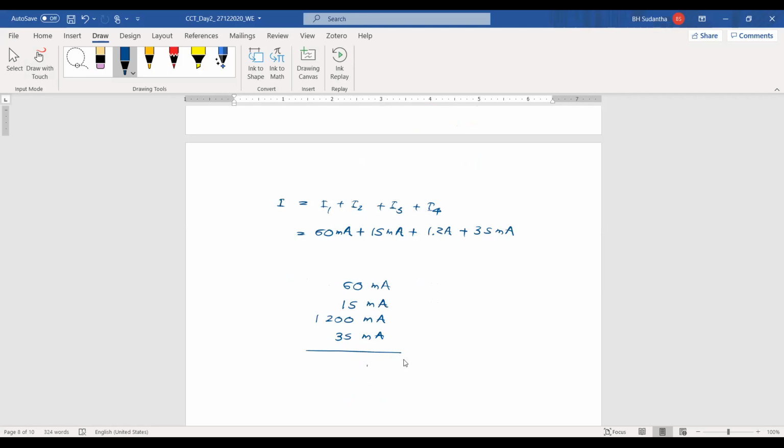Then we can add those things in milliamperes. That gives 1,310 milliamperes.